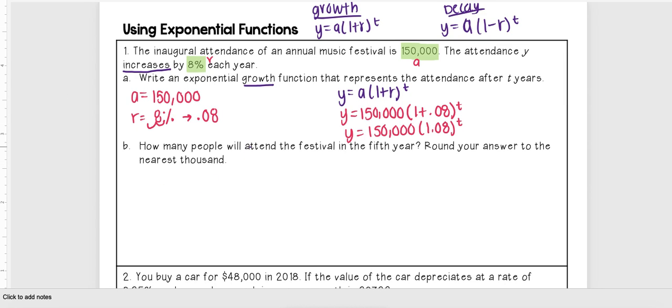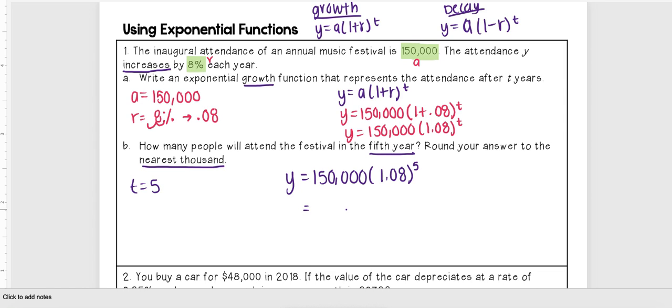Okay, now for part B, it says how many people will attend the festival in the 5th year? Round your answer to the nearest 1,000. Okay, so now it's actually telling us the time, so it's telling us that 5 years have passed. So now I'm going to use my function that I just created, but now instead of t, I'm going to put a 5 there.